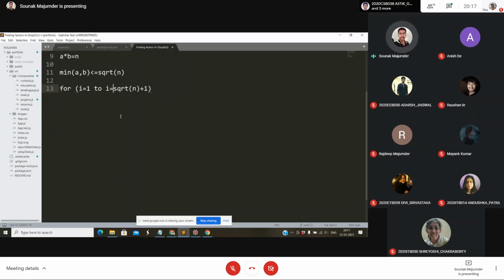And as you know, square root of n can give you a float number, and a loop doesn't run on a float number, so we have to typecast it to int.